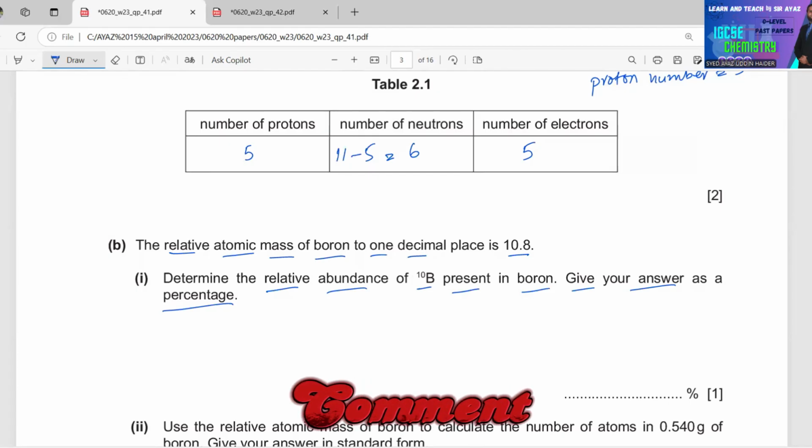If I consider x as the percentage abundance of B10, then for B11, it should be 100 minus x.